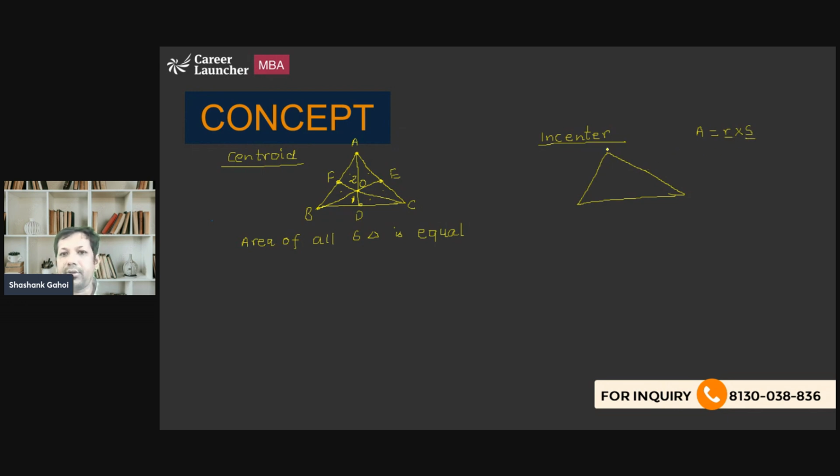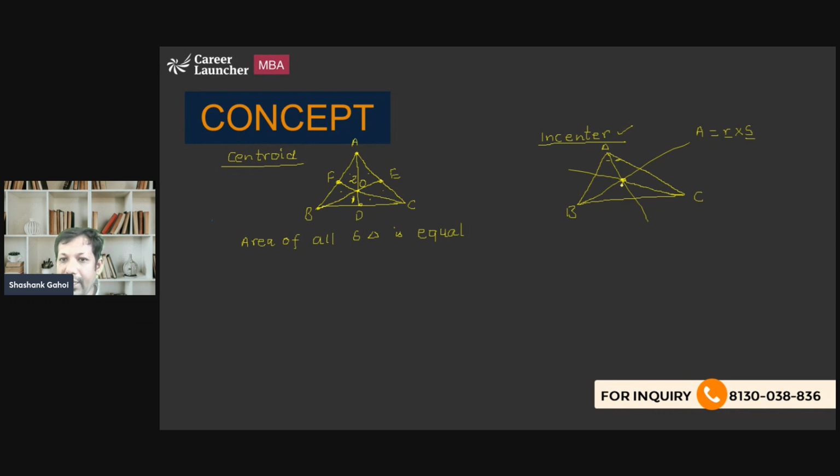Okay. So you have A, you have B, you have C. Now you draw the angle bisector. This is what an angle bisector looks like, meaning this and this angle are equal. Similarly, the second angle bisector, and similarly the third angle bisector. Now this intersection of angle bisectors is called the incenter.